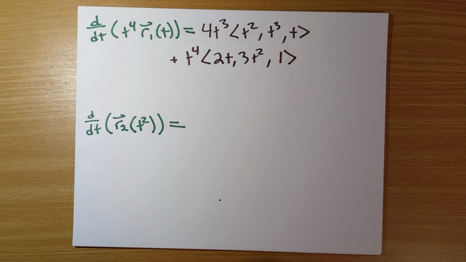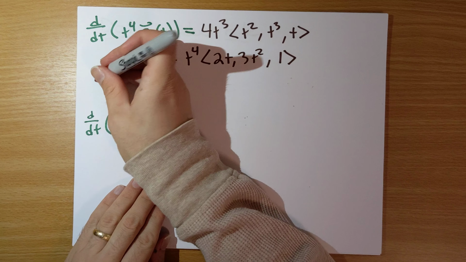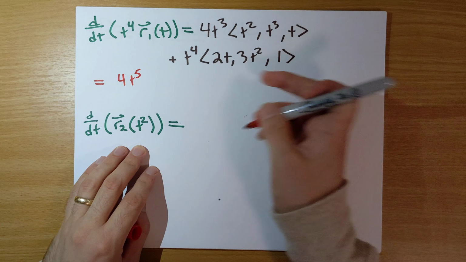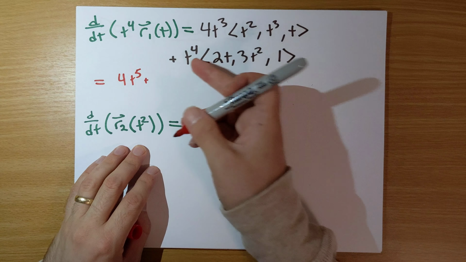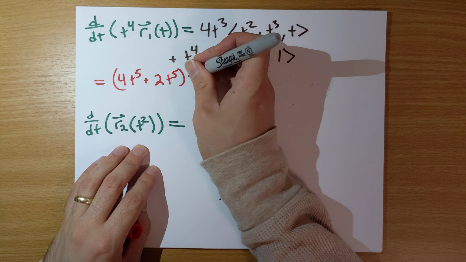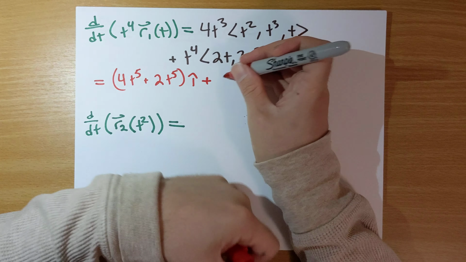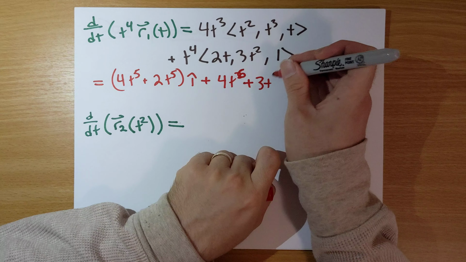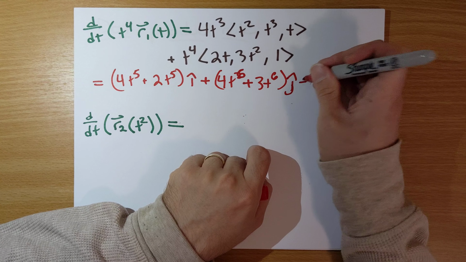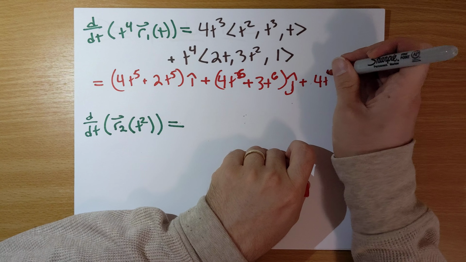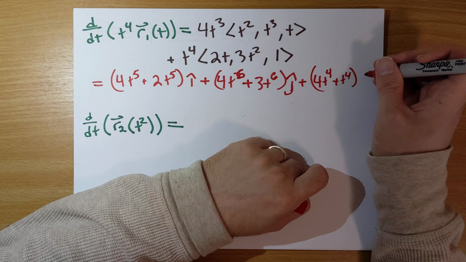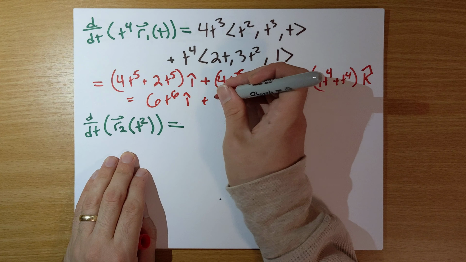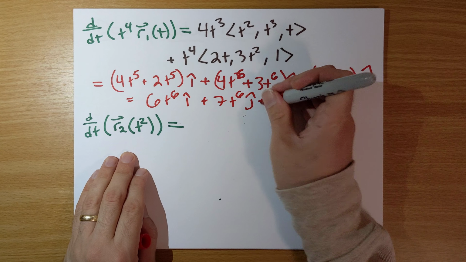If you want to group everything by components, this ends up as 4t cubed times t squared is 4t to the 5th, plus 2t to the 5th i hat, plus 4t to the 6th, let me get that right, plus 3t to the 6th times j hat, plus 4t to the 4th, plus t to the 4th times k hat, or 6t to the 5th i hat plus 7t to the 6th j hat plus 5t to the 4th k hat.